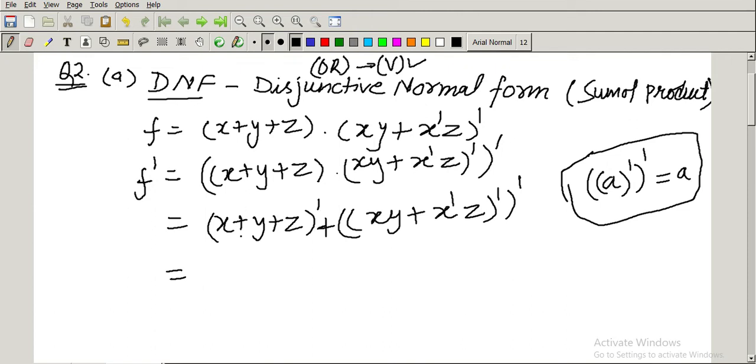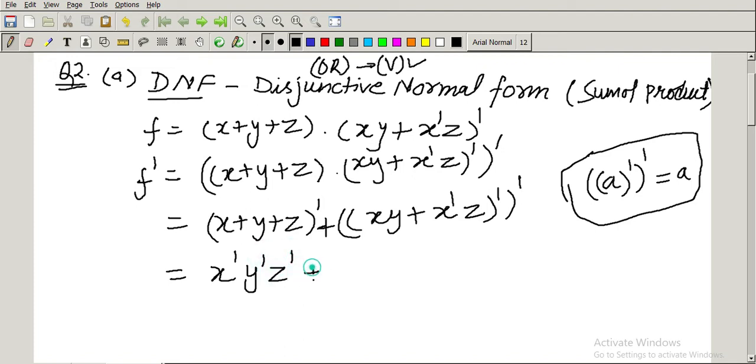So this is another term, and the complement of this term will be x complement, and the plus will be changed to the dot, so this way y complement and z complement.